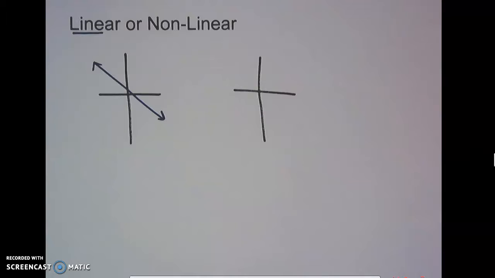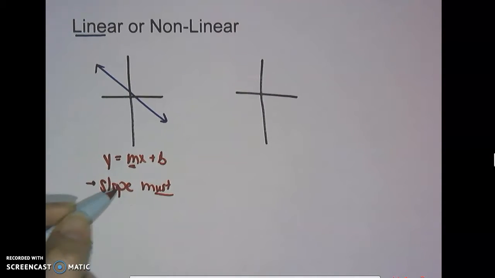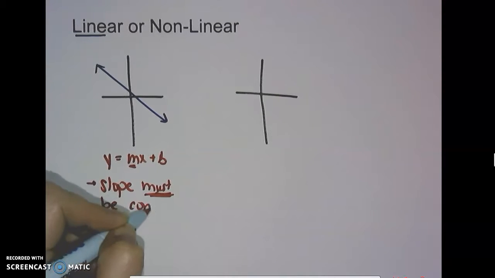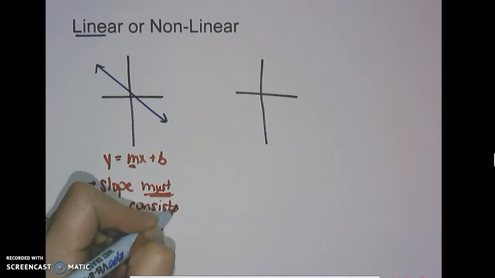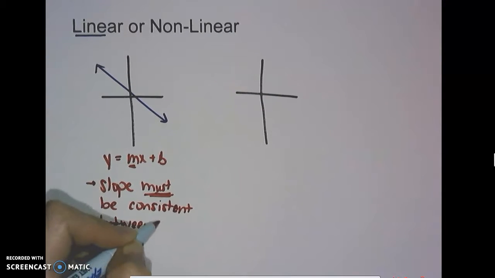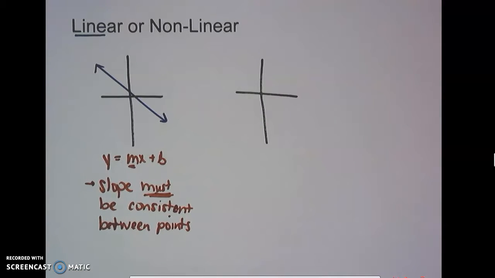So this means that the slope must be consistent between points. So you can't go up by 2 for one jump and then go up by 1 for another jump. That just doesn't happen with linear functions.